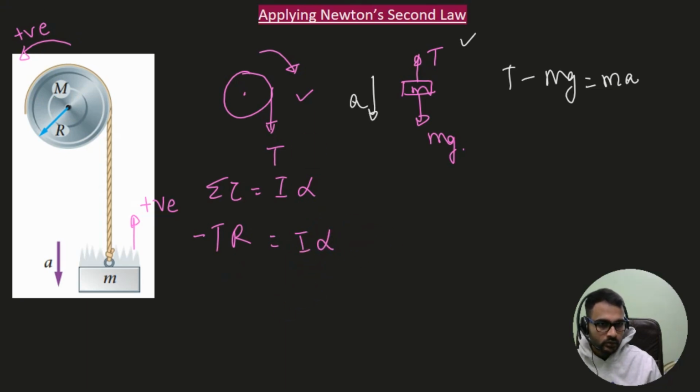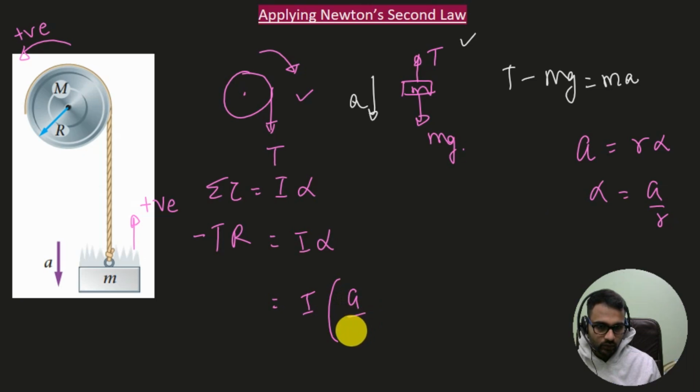And because the string unwraps without slipping, for this condition only we can write that acceleration will be equal to R into alpha, and from here alpha would be equal to A over R. We can replace it here, I times A over R. Either you can write small r or capital R, but since we have taken capital R, I'm writing capital R only.